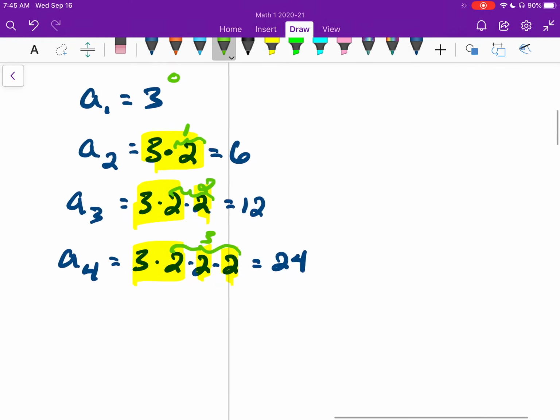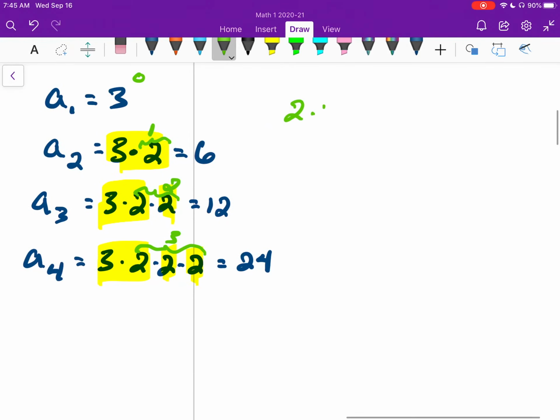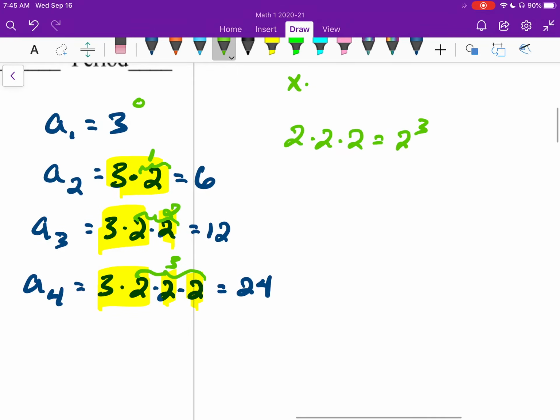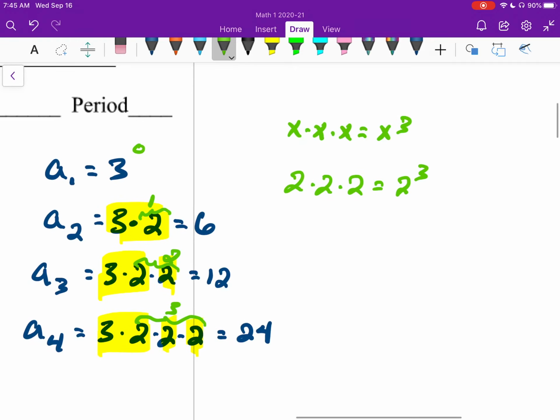Now, we know that if we have 2 times 2 times 2, we could rewrite that as 8, or we could also rewrite this as 2 cubed, right? If you've got x times x times x, that's the same thing as x cubed. Or if you had x times x, that's x squared, right?